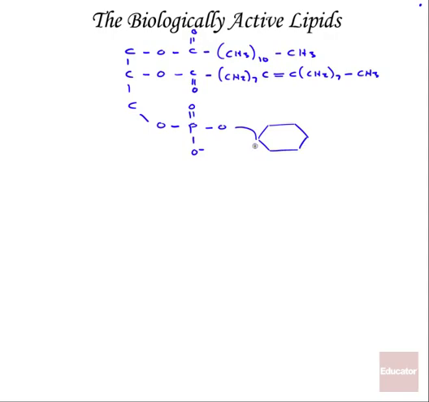I'll draw things in and then label. So that's that, that's that, and that's that. And I'll label these: this is 1, 2, 3, 4, 5, and 6. This is the numbering on this particular section.